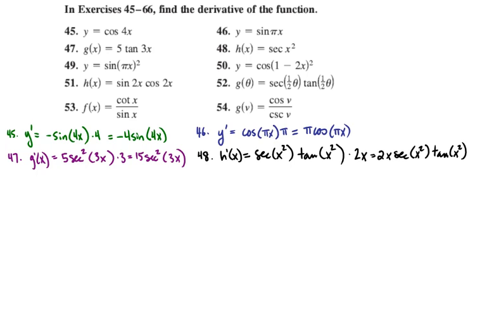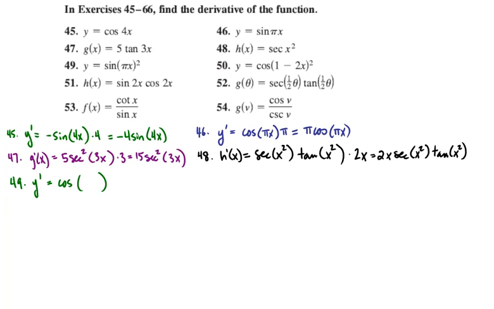All right, number 49. You have sine of pi x quantity squared. So it's the pi x that's squared there, not the sine. So the derivative will be y prime is equal to, so derivative of the outside function here is sine, and its derivative is cosine. We'll leave the inside alone, and the inside here is pi x squared.